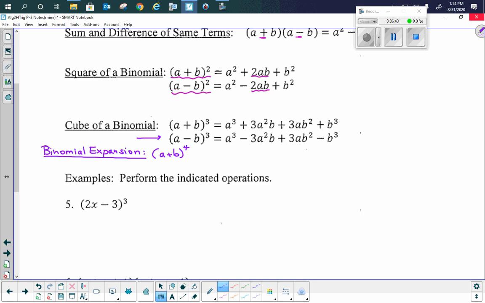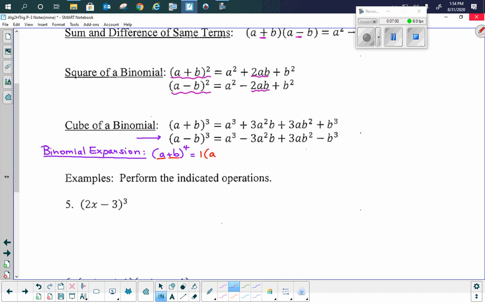All right, you're going to start with the first coefficient, which is always a 1. Then you're going to take these two terms, and by these two terms I mean the a and the positive b that's inside, and you're going to put them in parentheses.